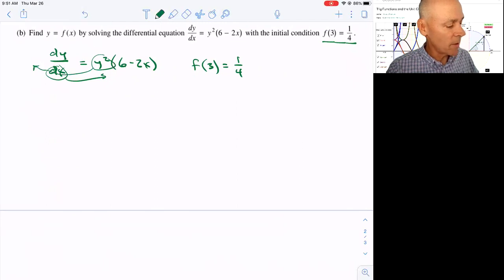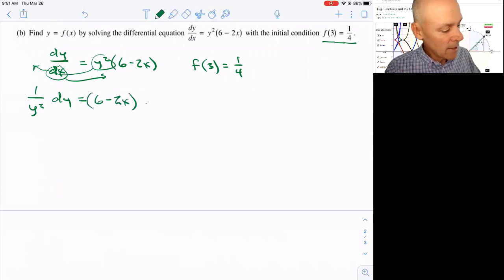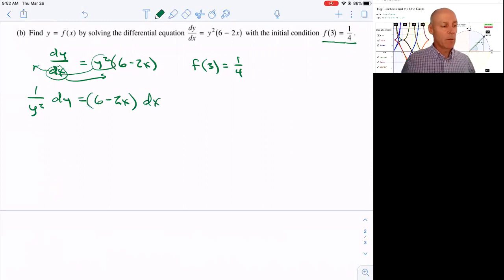After I do that, I get 1 over y squared dy is equal to (6 minus 2x) dx. Again, that's my separation of variables step. I'm moving the y and the dy to the left side of the equation, the x and the dx to the right side.